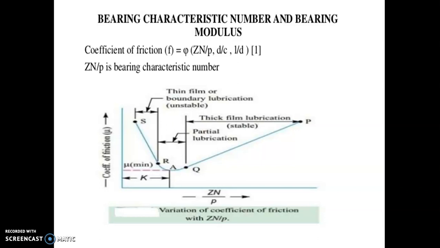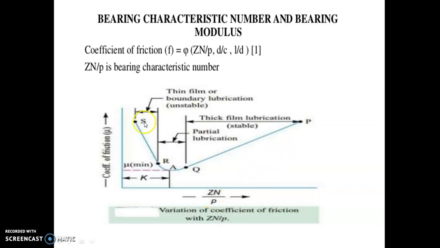The variation of this coefficient of friction with bearing characteristic number is plotted, and it gives us the performance of the bearing. Look at this graph. It is coefficient of friction versus bearing characteristic number.